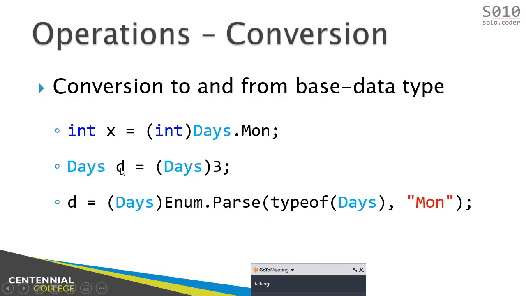The second line is converting the number 3 to the corresponding day of the week. This parenthesis type is called casting. It's converting one type to another: in the first line, days to integer, and in the second line, integer to days.